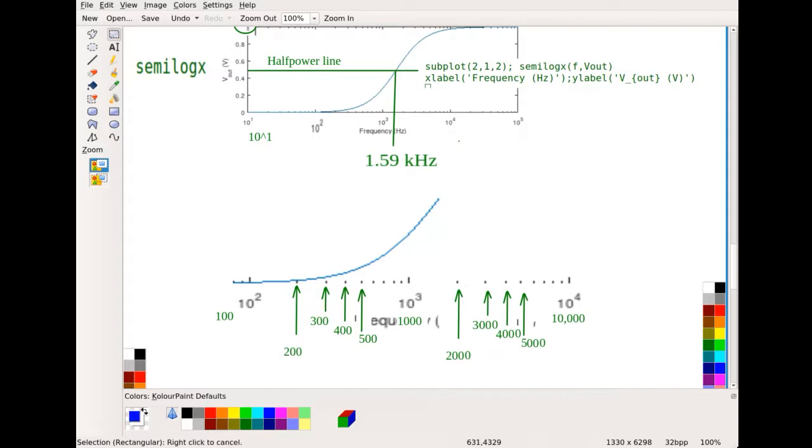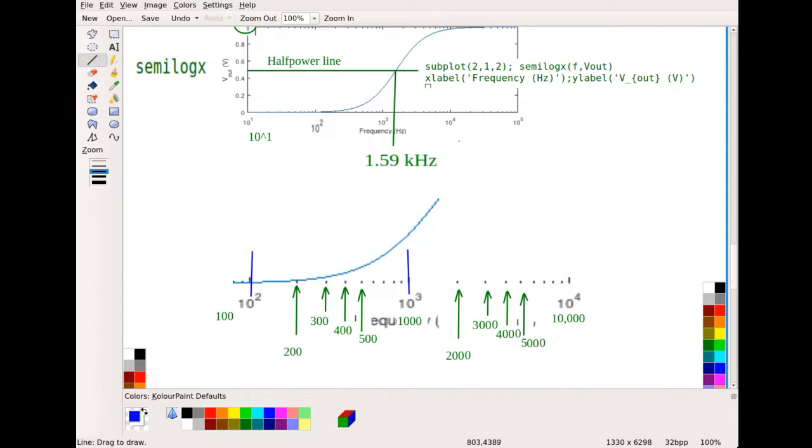Okay, so as we go through, this is 100, and then the next tick would be 200, 300, 400, 500, 600, 700, 800. This tick right over here would be 900, and then this is our 1,000.